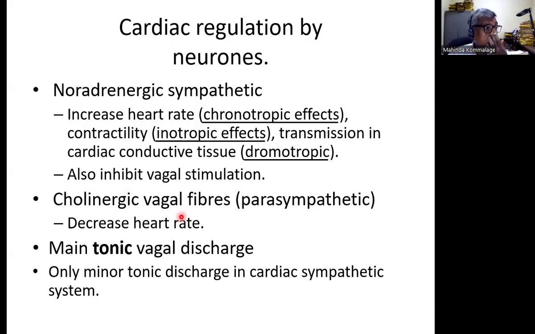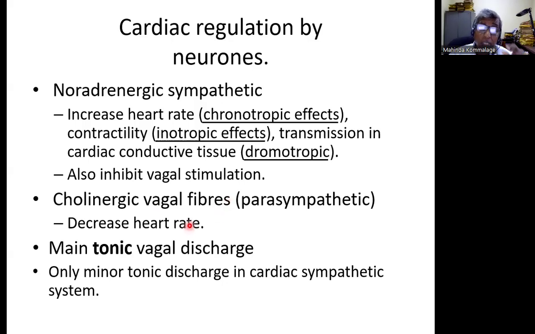What type of nerve? Yes? Cranial nerve. Yeah, very good. So the cholinergic fiber will come to the heart through the vagus nerve from the brain, a cranial nerve. So we call it cholinergic vagal fiber because it comes through the vagus nerve. So cholinergic vagal fiber means parasympathetic supply.